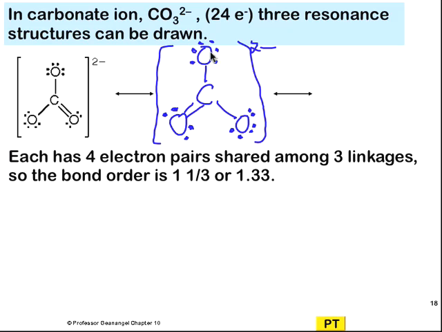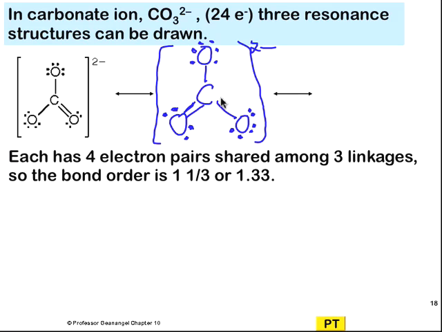Two negative charges on the carbonate ion overall. This one has the double bond between the carbon and the lower left-hand oxygen. This one is the carbon in the lower right. So I'll let you write the last one. You can figure out where that goes.